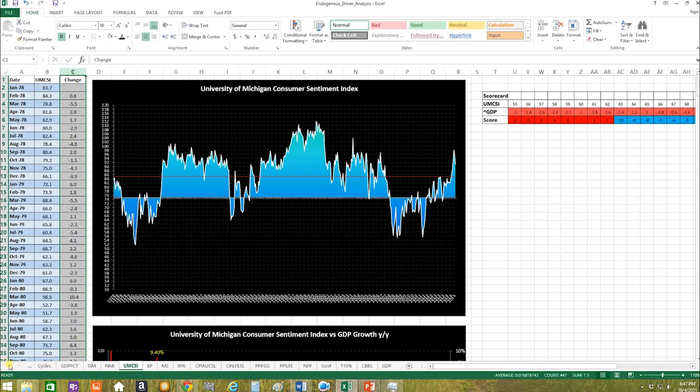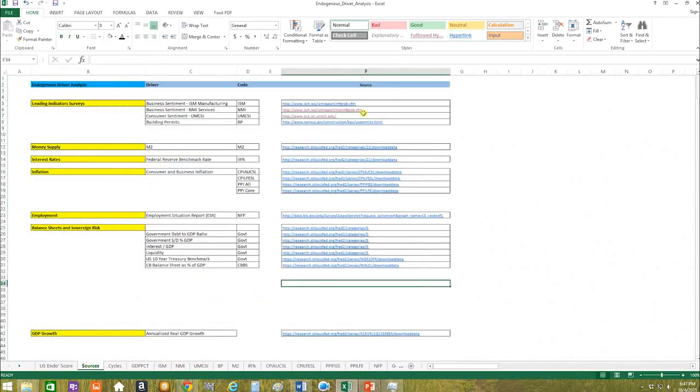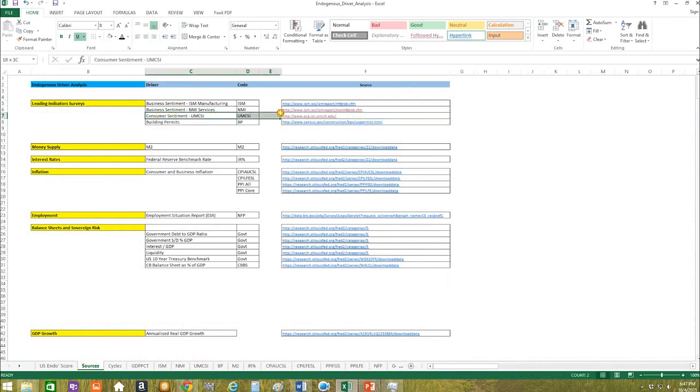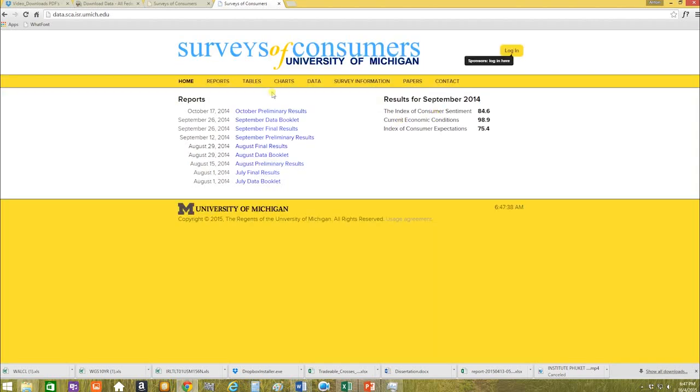And if we go into our sources tab, you'll be able to see that the source, the link, is in the table in the cell next to consumer sentiment, and we can just click on that, and that takes us to the University of Michigan Consumer Survey website, and we can go into our data archive here to download everything.